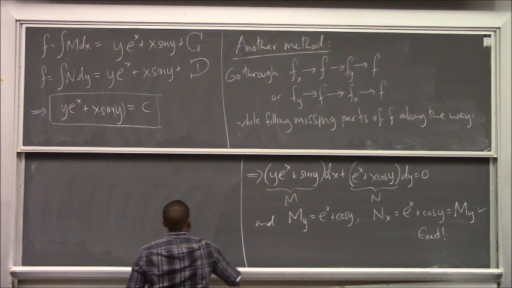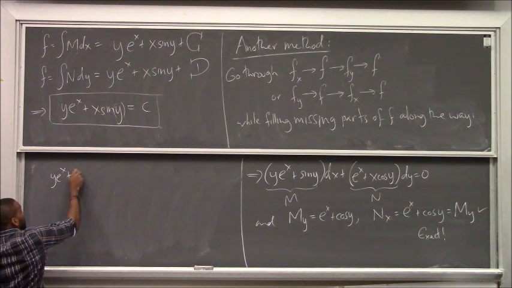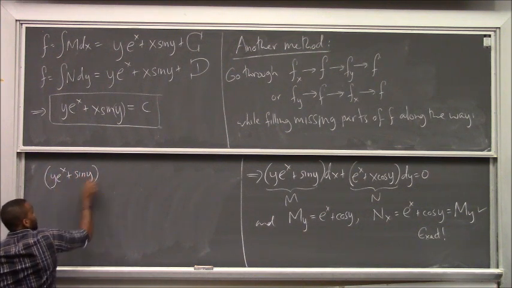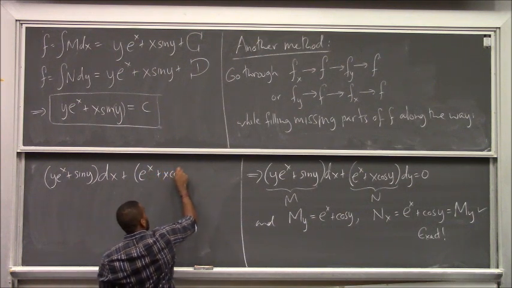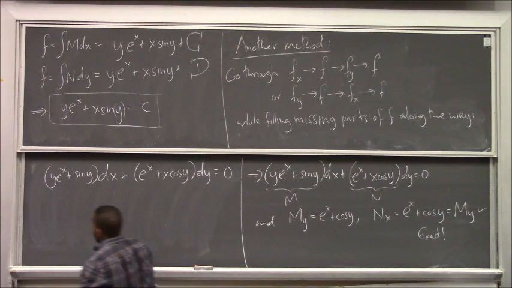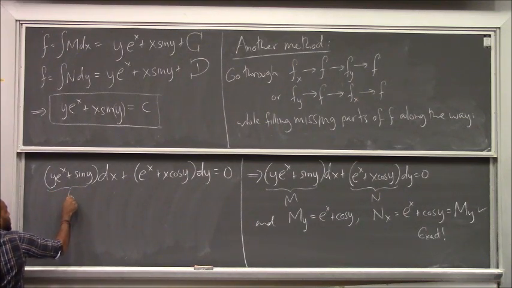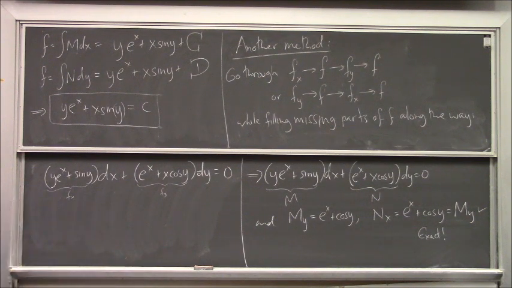So what you would do in this situation is you have the y e to the x plus sine of y. So this you think of as the f_x, that of course you think of as the f_y. And so what you do is you start with the f_x.